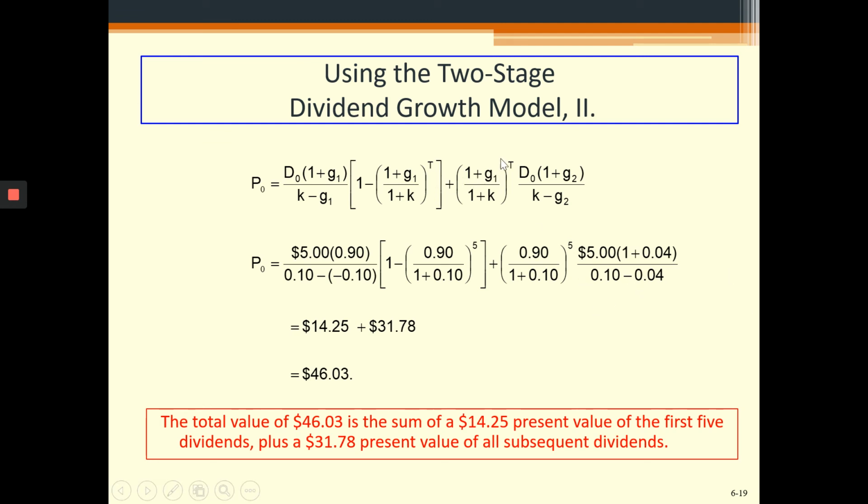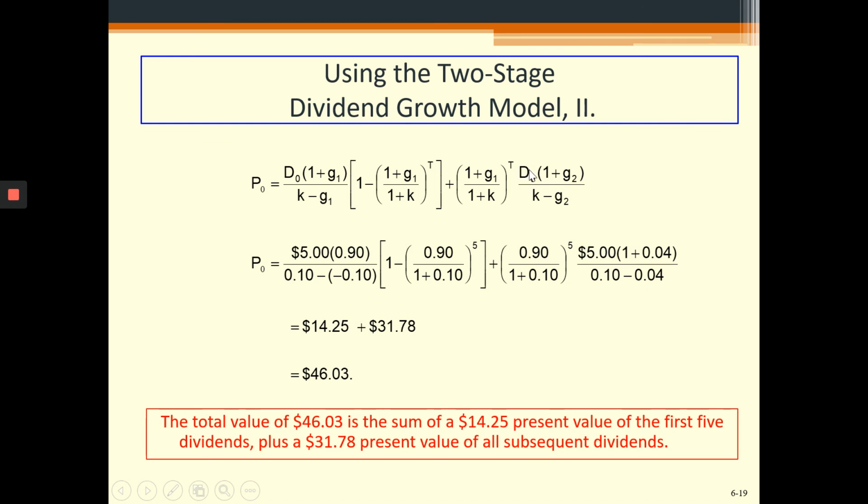Some people might be confused with what it is doing. If you see, can't we write 1 plus G1 divided by 1 plus K, whole raised to the power T, as 1 plus G1 raised to the power T divided by 1 plus K raised to the power T? Yes, we can write it. The first dividend, which is right now, it's not even a first dividend, it is the current dividend.